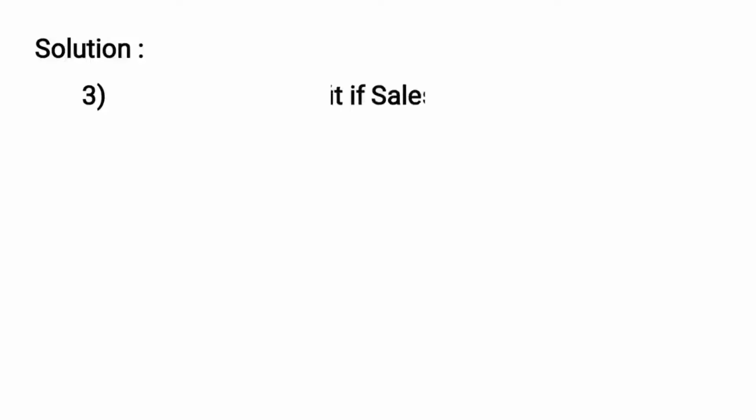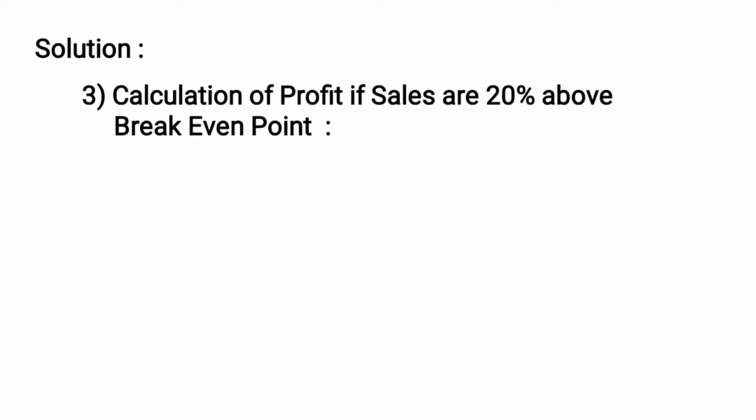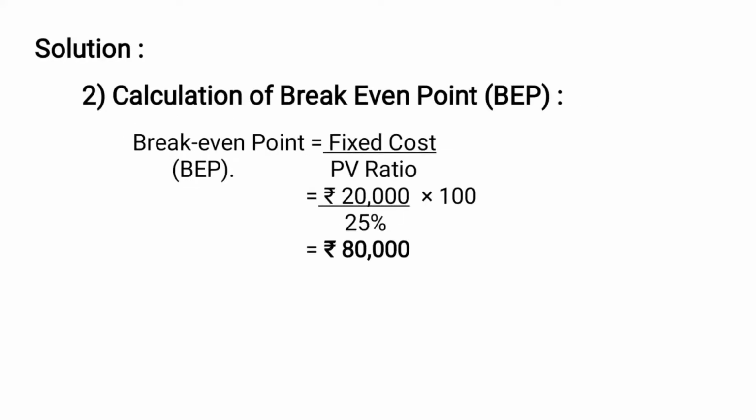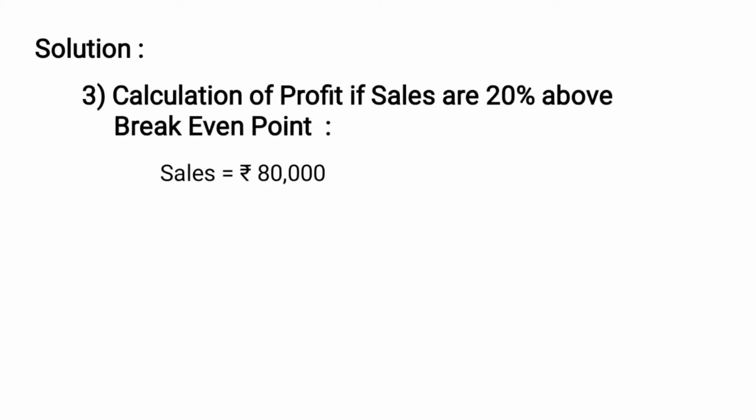Third, calculation of profit if sales are 20% above break-even point. Sales is equal to break-even point, that is rupees 80,000, plus 20% of 80,000, which will be equal to rupees 96,000.